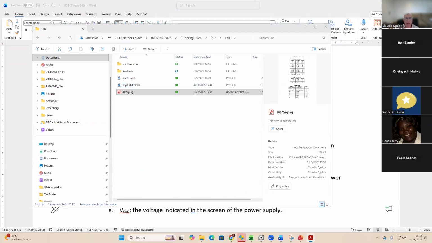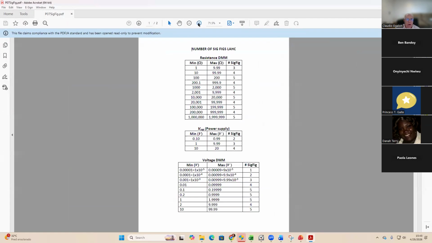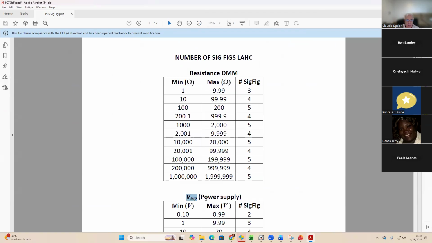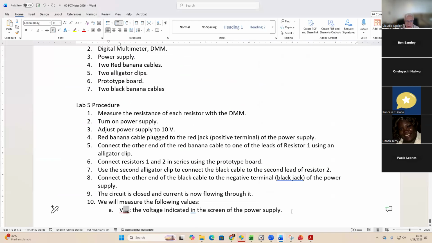That first V sub refers to this second table, the second table of P07 sigfig.pdf, indicating the screen of the power supply.